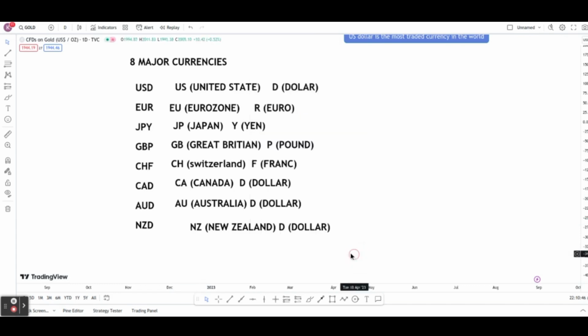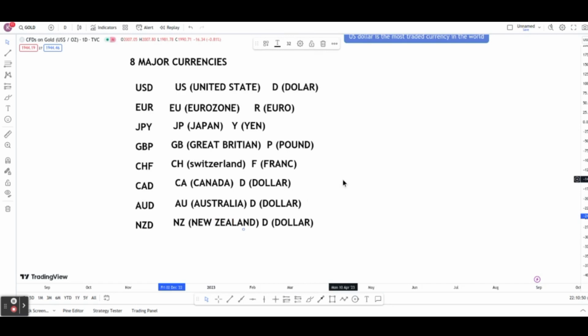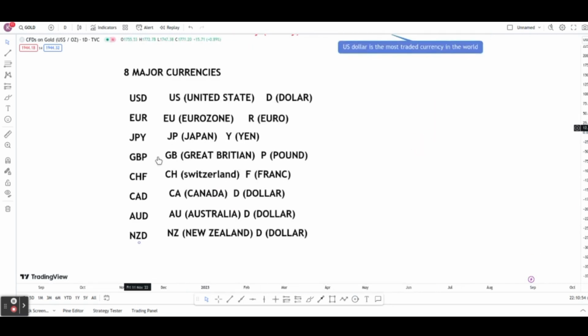So write this down. Let it be at the back of your notes. These are the eight major currencies traded in the forex market. They are the most frequently traded currencies, traded day by day.